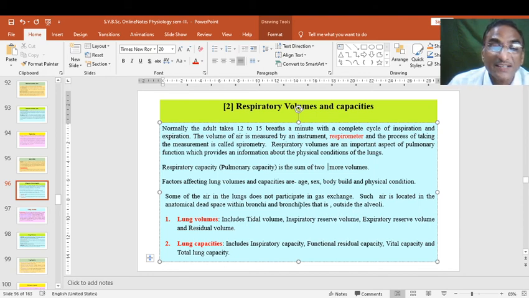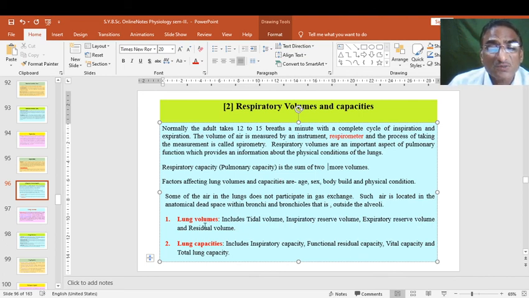This air is the dead space air. During this whole activity, we have to know what volumes are taken or maintained by the lungs, what the capacities of the lungs are, etc.